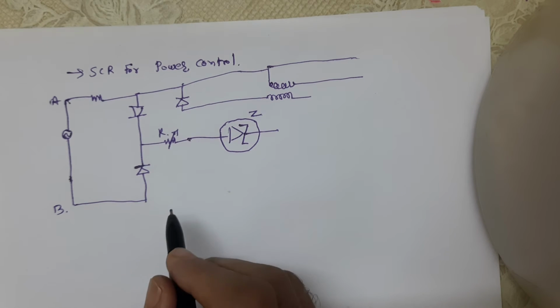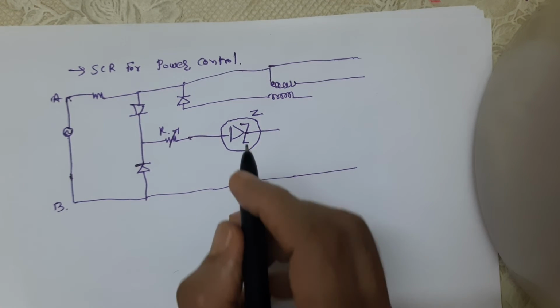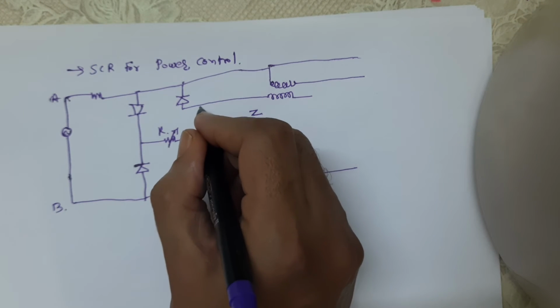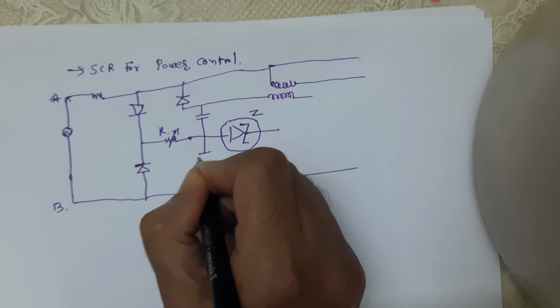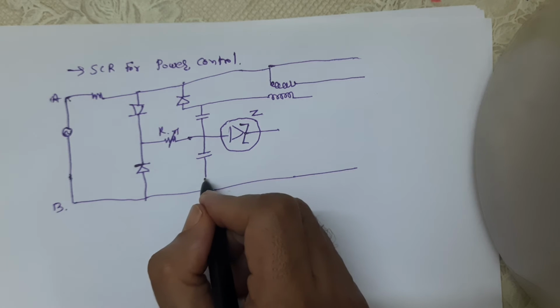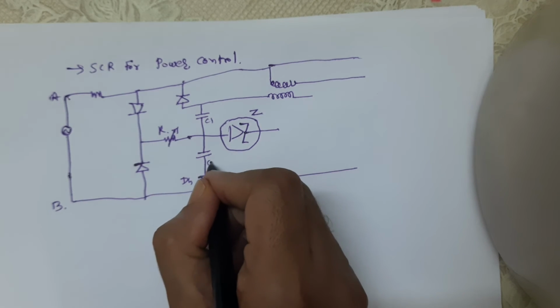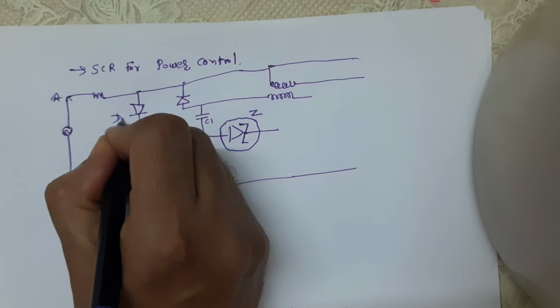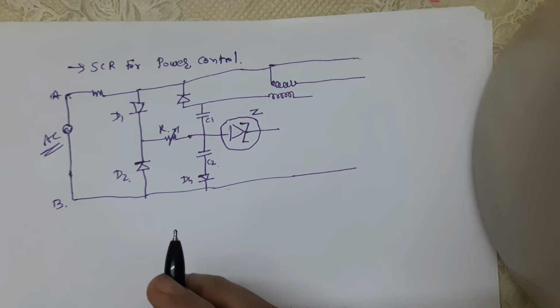This is your ground line. We complete the circuit. This is from here C1 and C2, and then the diode D4, and then diode D4, C1, C2, D1, D2, AC source, right?